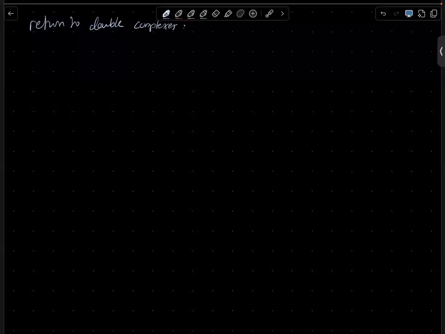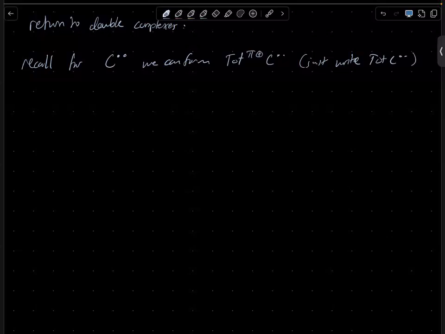Recall for a double complex C bullet, we can form the total complex, and you could use product or direct sum. Let's just write Tot C bullet from now on, because I'm lazy. Whatever it is just depends on the complex we have.